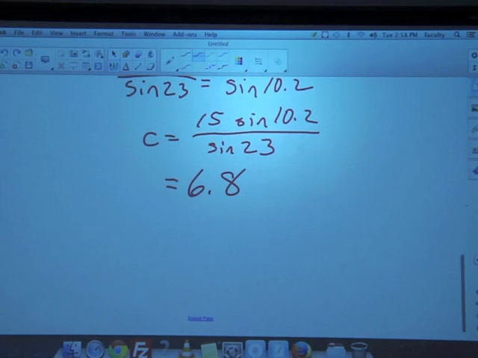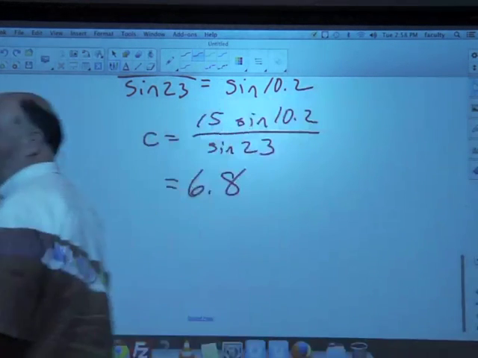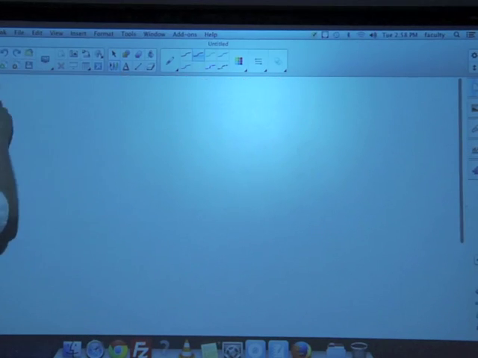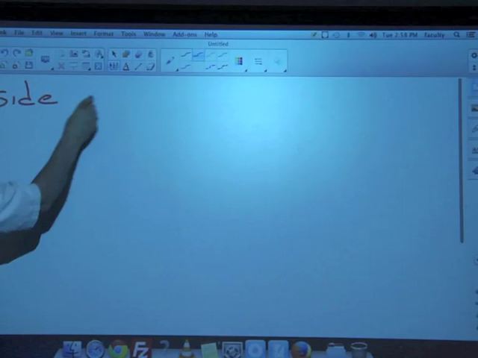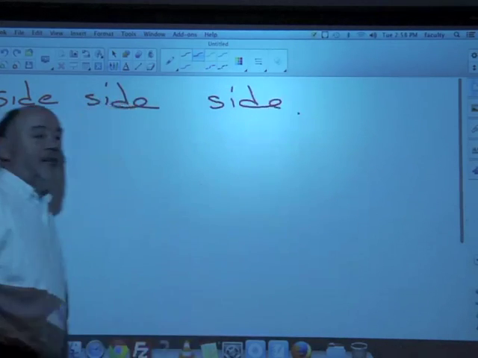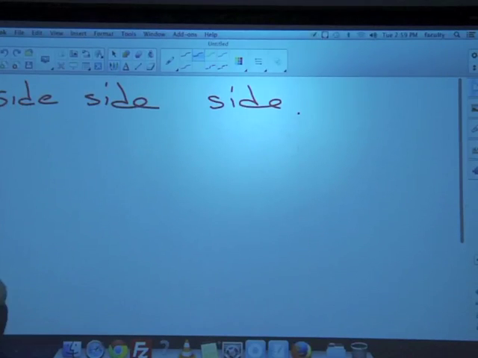Well, the other law in this section is the law of cosines, which deals with the other possibilities. So now we have given all three sides, or given two sides and the included angle. First off, let's do side, side, side.